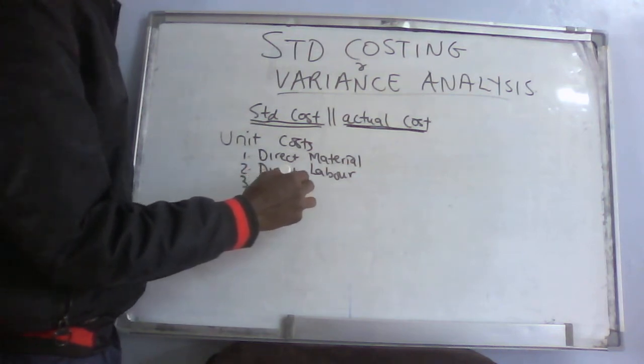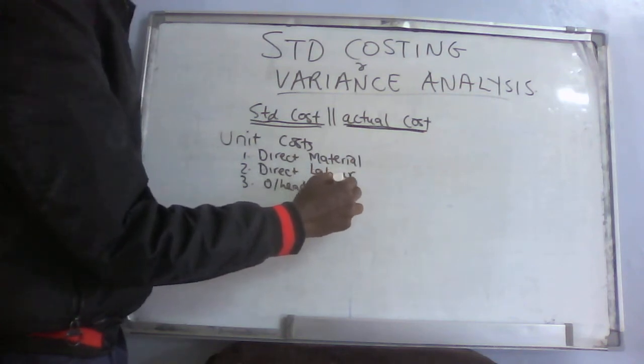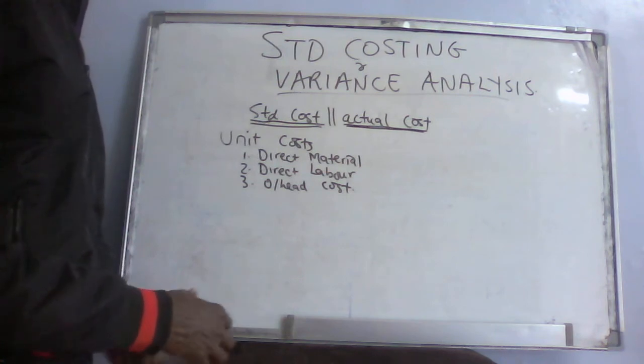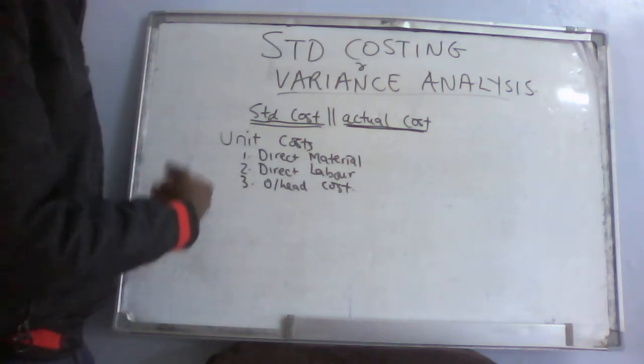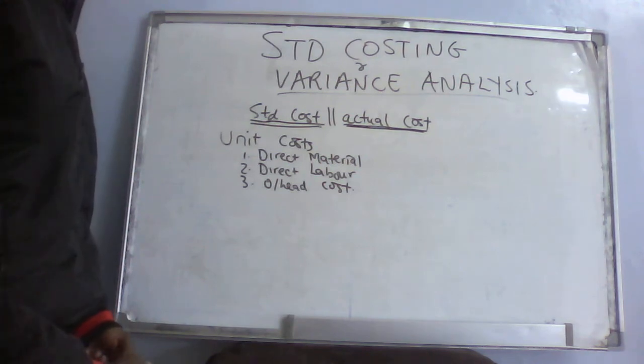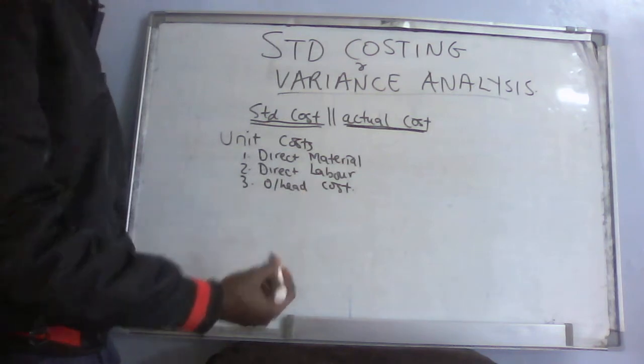So these are the three kinds of cost that go into a product. Cost of a product is composed of direct material, direct labor, and overhead cost.